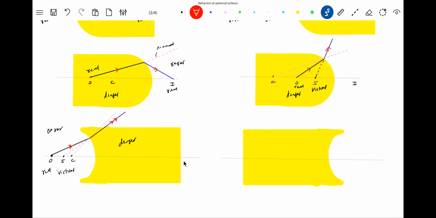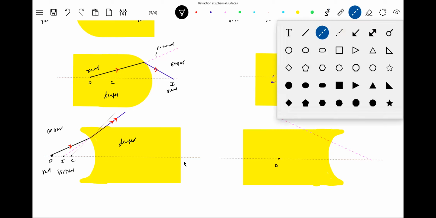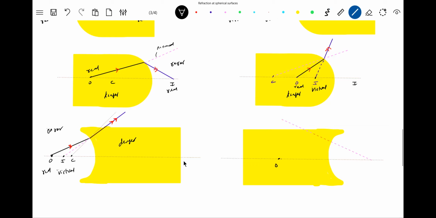Next situation, the object is at the center of curvature. Let it be here. The object is kept here, we're in denser medium. So there's an incident ray. Now the ray is moving from denser to rarer. Should bend away from normal.